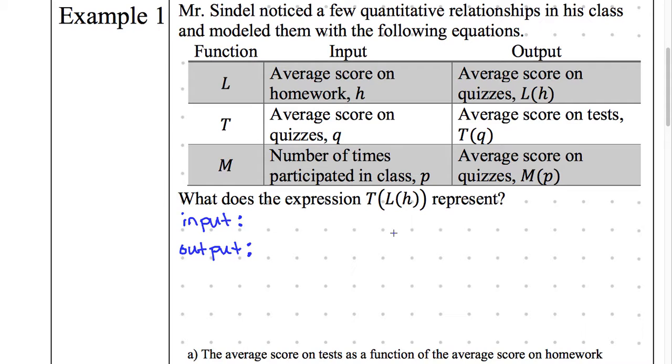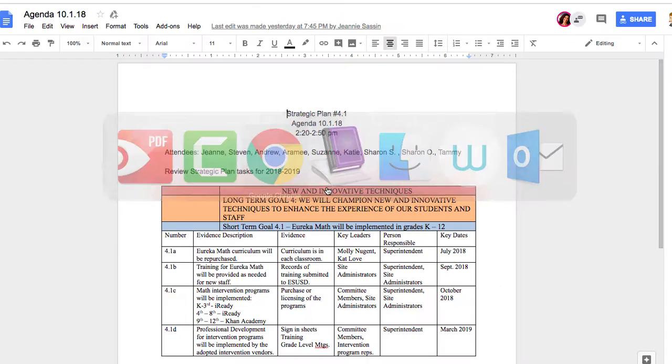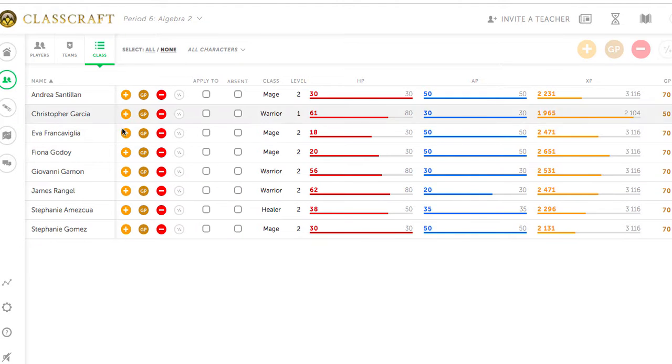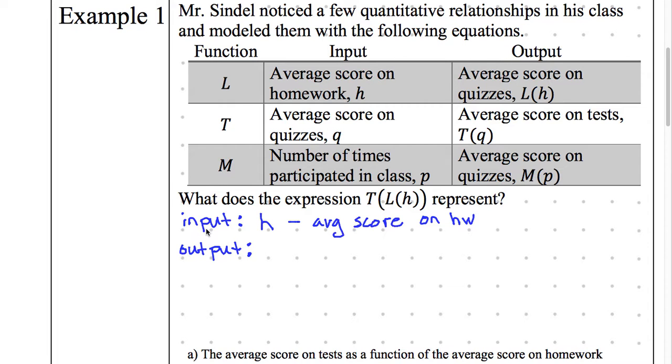Fiona, go for it. The variable is H, okay. It represents average score on homework. Yep. Let me come over here to Fiona, give you your XP.